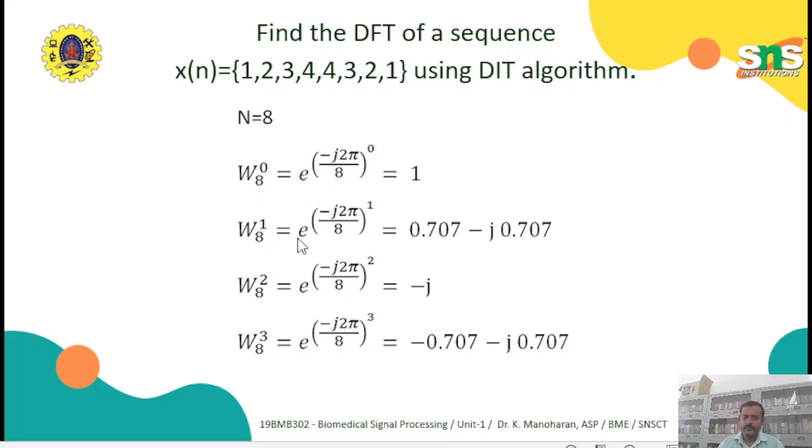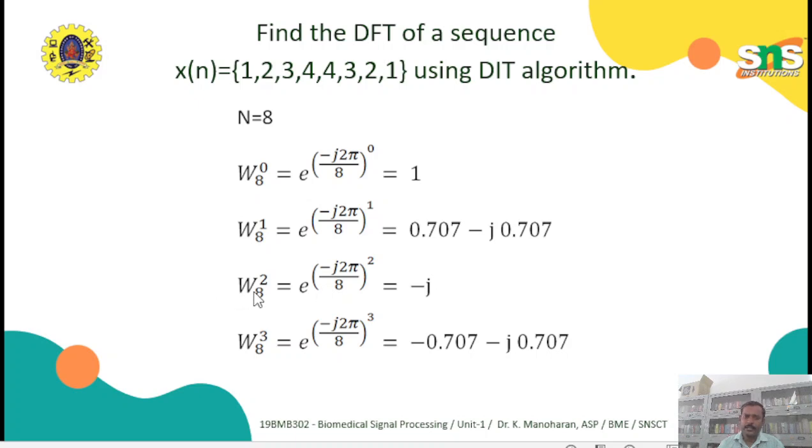Now e power minus j theta equals cos theta minus j sin theta, so with theta equal to pi by 4 we get cos pi by 4 minus j sin pi by 4. Cos pi by 4 is 0.707 and sin pi by 4 is also 0.707. So W8^1 becomes 0.707 minus j 0.707.